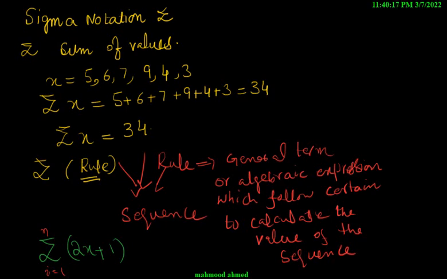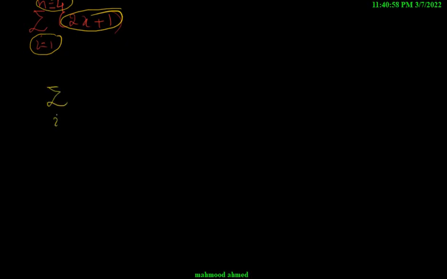Now I explain how we calculate it and what the meaning of this is. i is equal to 1, n, and 2x plus 1. Now we say that n in this case is 4. We must understand what each part of this means.